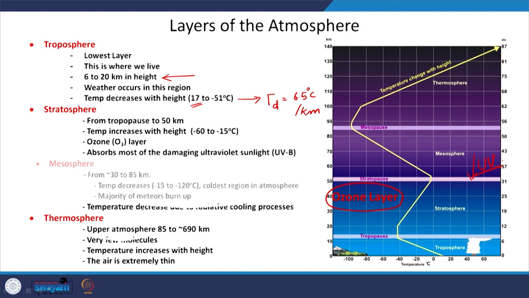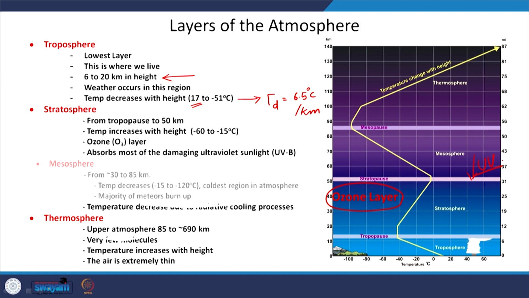That is why the temperature increases with respect to the height in this particular region, the stratosphere. By virtue of oxygen as well as ozone, because of the complicated chemistry, we will not go there, but we can say that because of the production of ozone and its ability to take up the ultraviolet radiation, the temperature in this region increases with respect to the height.